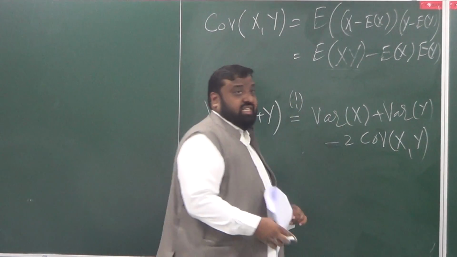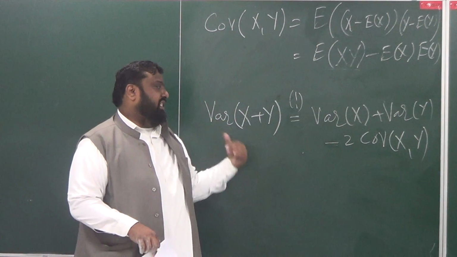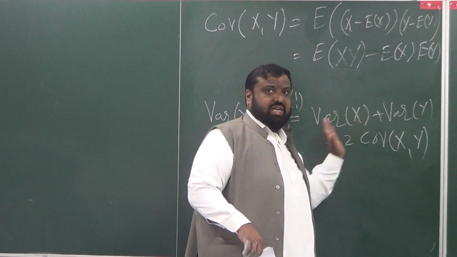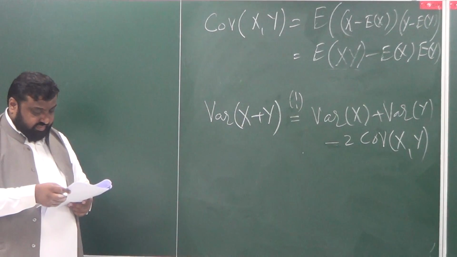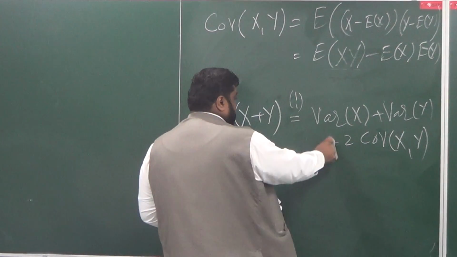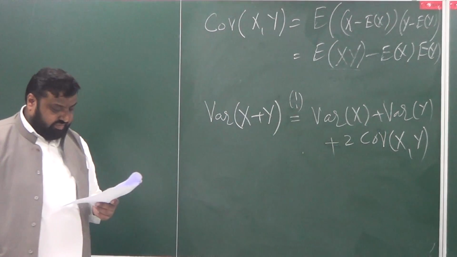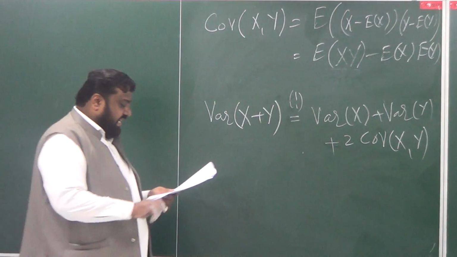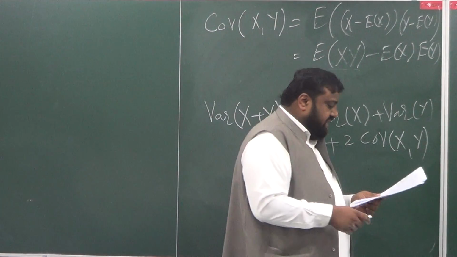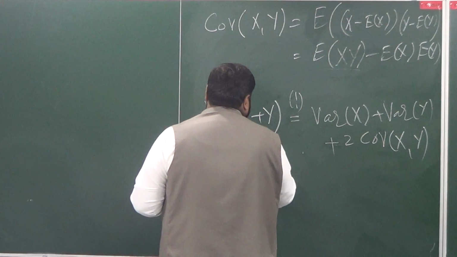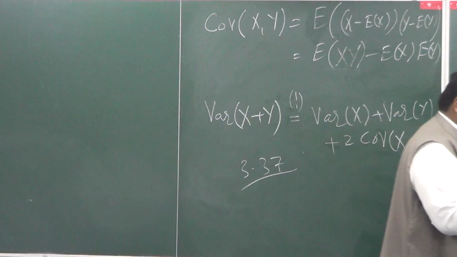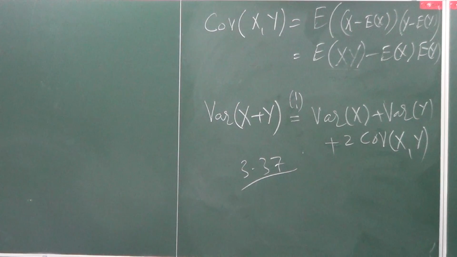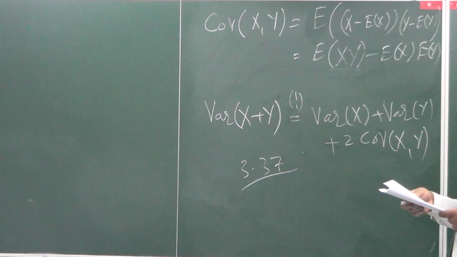Since if x and y are independent this is 0, therefore you get this. It must be plus. Then there are simple properties about variance and covariance, for example, in exercise 3.37. If the covariance between two random variables is 0, then we say that they are uncorrelated, and so on and so forth.